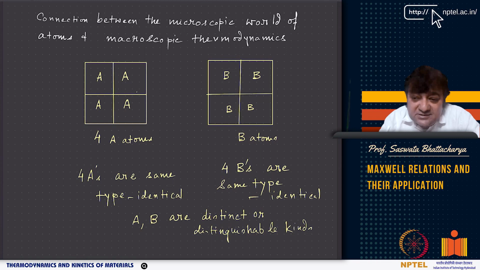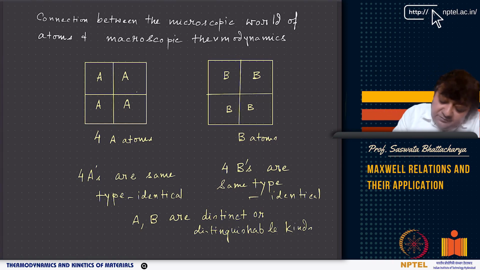Molecular interpretation of temperature is also something that we have given, or heat capacity. Now we will try to find out the connection between entropy defined in macroscopic thermodynamics and the entropy that you can realize in the microscopic world. So we will discuss that in the next class, in the next week, week 5.